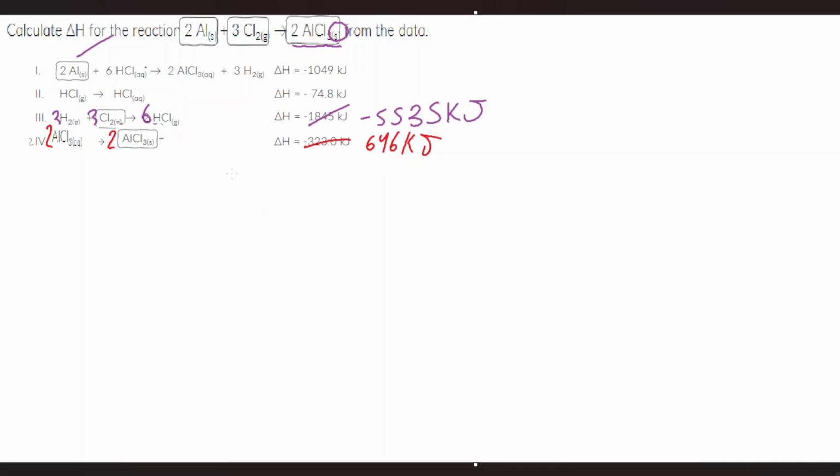But this works out perfectly, because here we have 6 aqueous HCl's. And in reaction 2, we have it, but as a product. So if we multiply this by 6, and then we got what we're going to get.